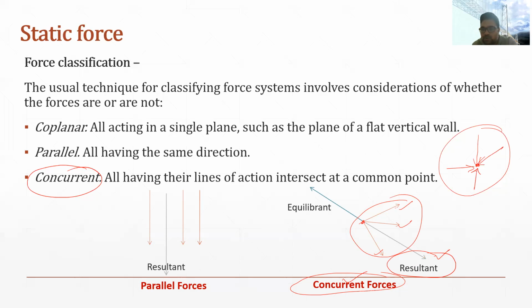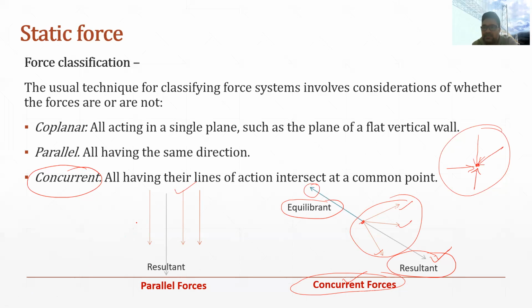Now, to balance this resultant force, we can apply another force which will be of equal magnitude but of opposite sense. You can see, to balance this resultant force, we have applied an opposite force. This opposite force which balances the resultant force is known as the equilibrant.